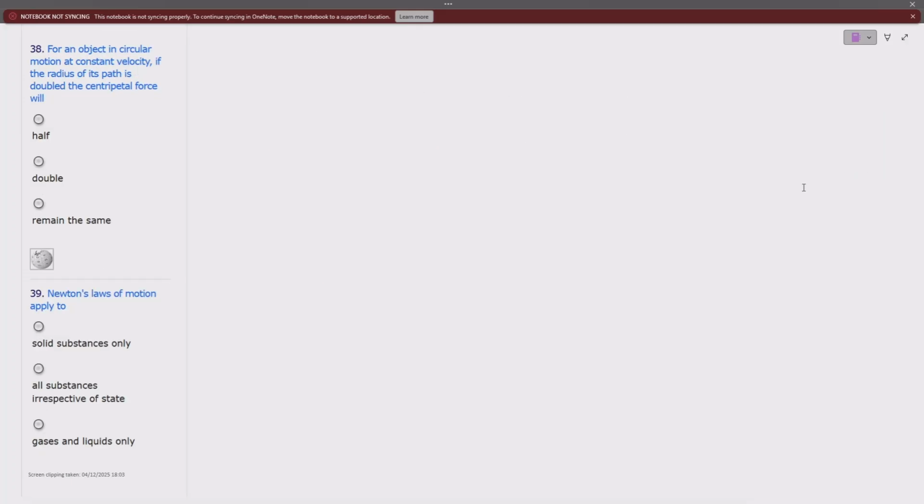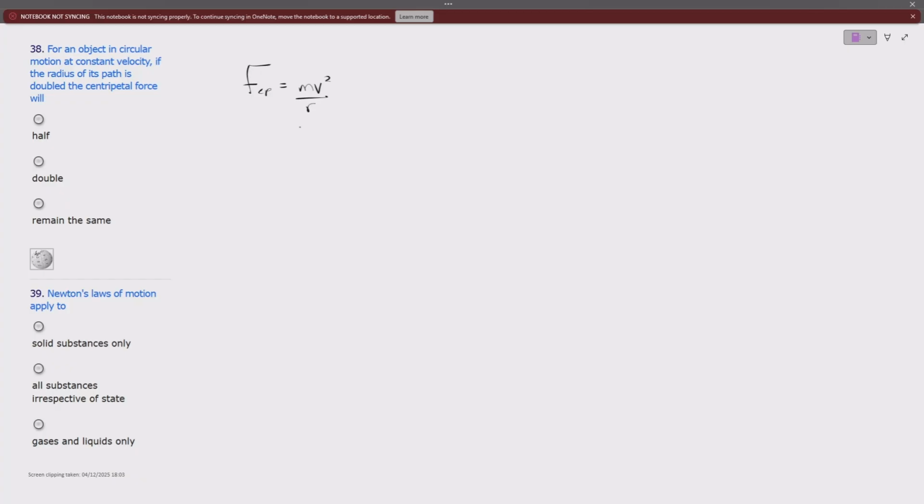38. An object in a circular motion at constant velocity. If the radius of the path is doubled, the centripetal force will. So first of all, before you solve this question, you have to state the formula for the centripetal force, which is F, centripetal force, equals mv squared over r.